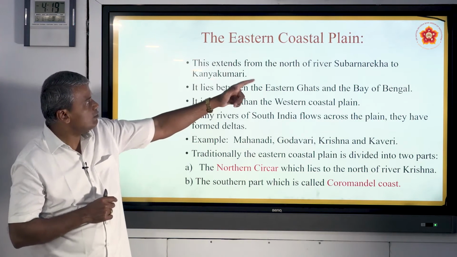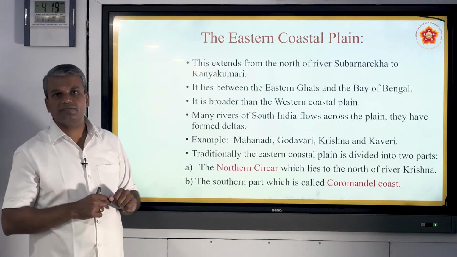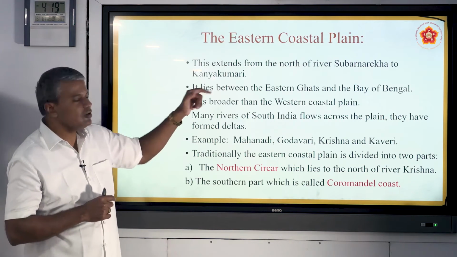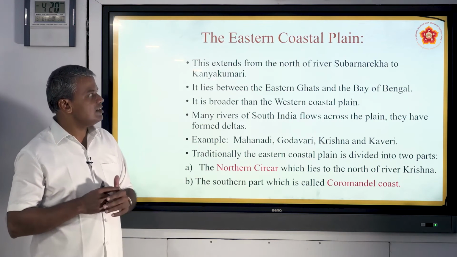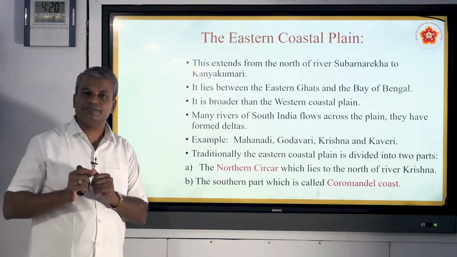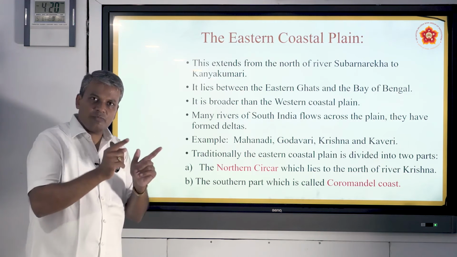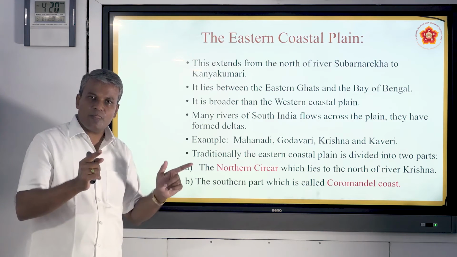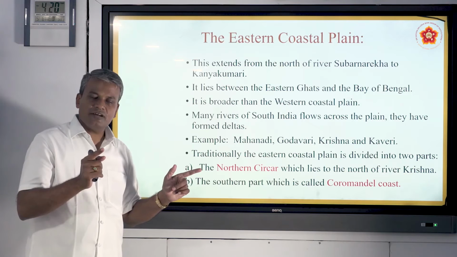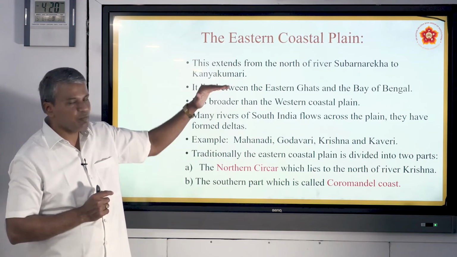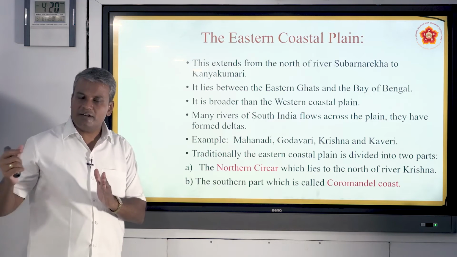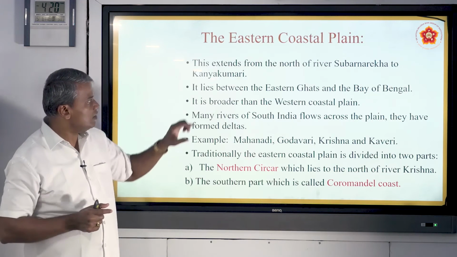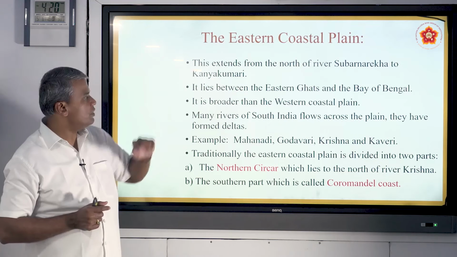Now eastern coastal plain extends from north of river Subarnarekha to Kanyakumari, and it lies between the Eastern Ghats and Bay of Bengal. That is called eastern coastal plain.